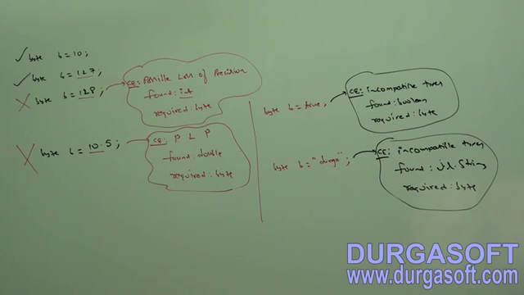Byte b is equal to true: incompatible types, found boolean, required byte.